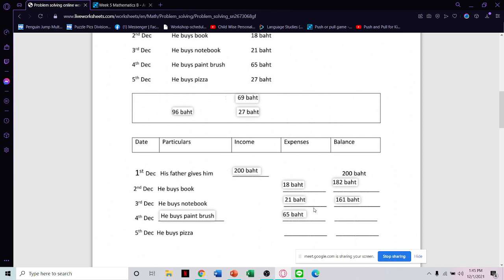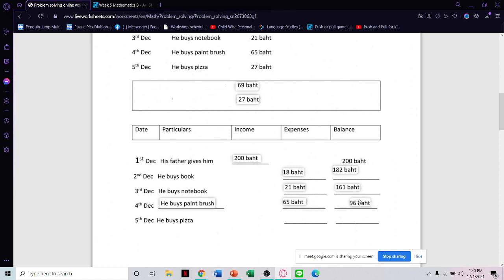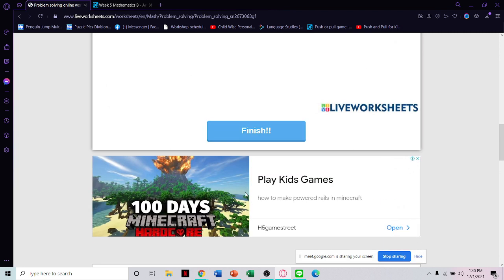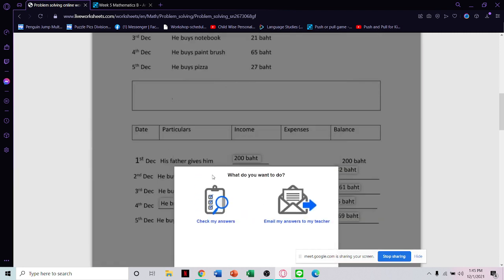So since it's an expense, you subtract it from 161 baht. So how much does he have now? 96 baht. And then he buys a pizza for 27 baht. So how much is his money now? 69 baht. All right. And then click finish.